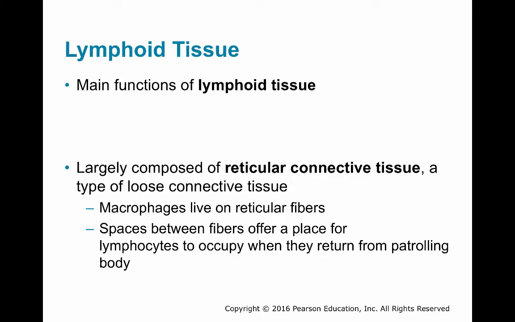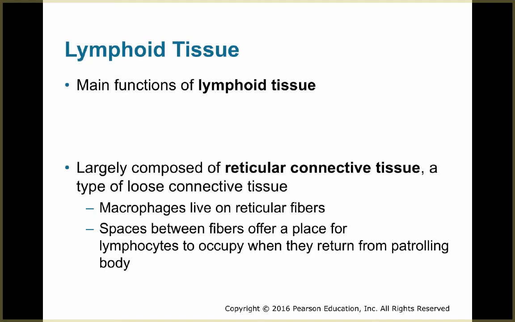Hi guys, so we're going to start with basically lymph node tissue. So the major functions of lymph node tissue are basically to house and provide proliferation sites for lymphocytes. So what that means is a place for them to multiply.